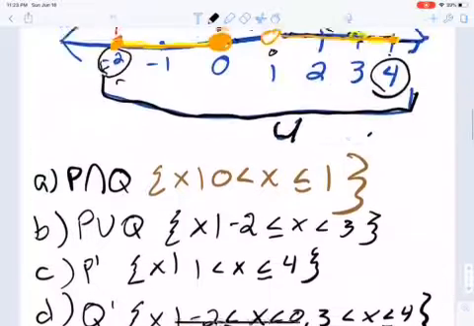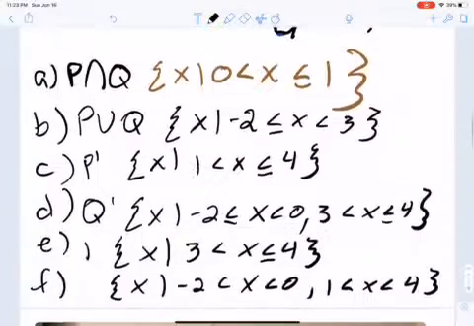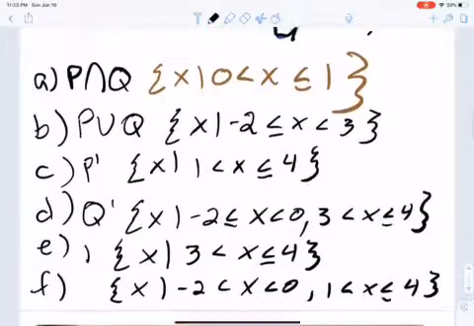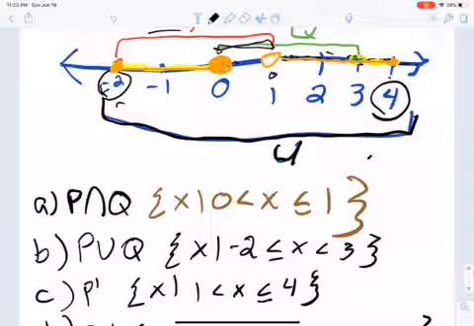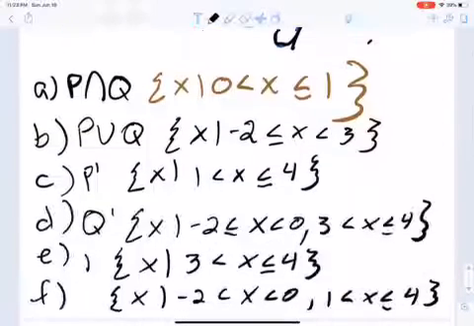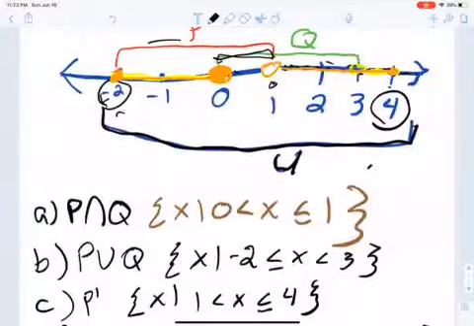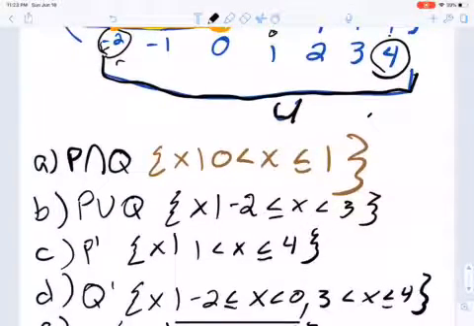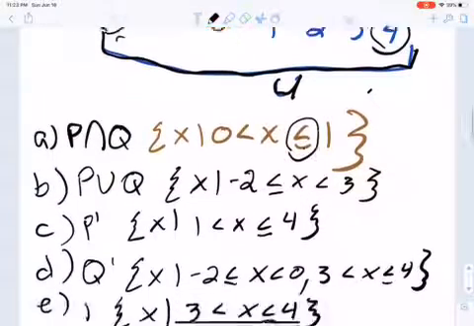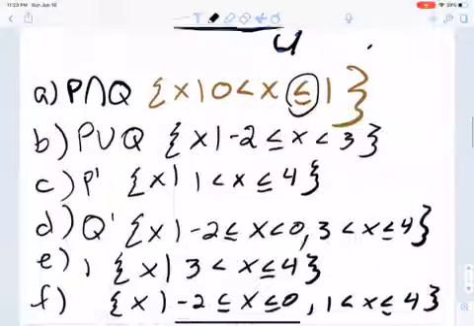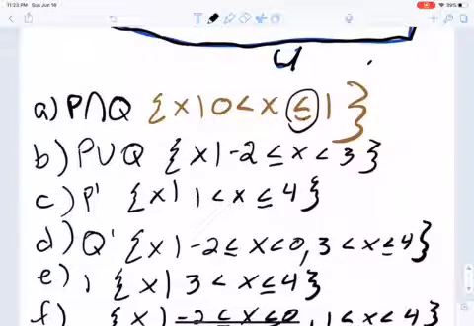We're definitely including 4. And we said it was the opposite of 0, so we do include that. So we include both of these, and we don't want to include that. The opposite of this one means don't include 1. All right, and that's it for this one.